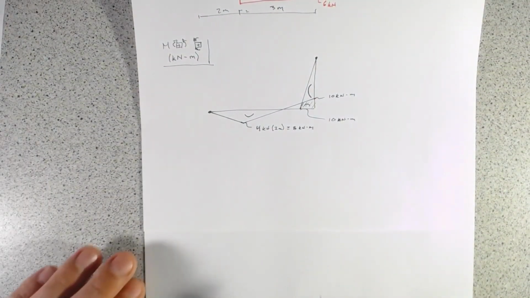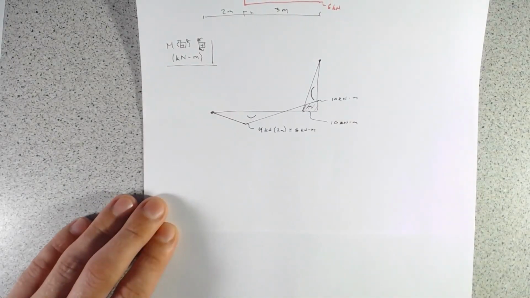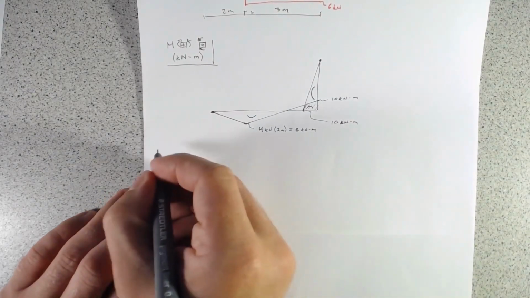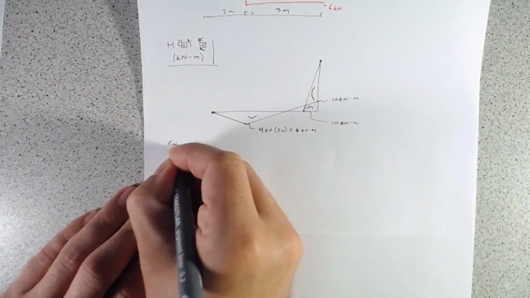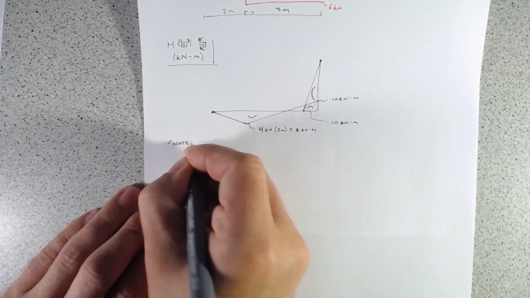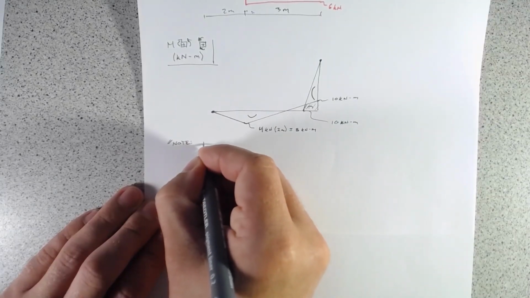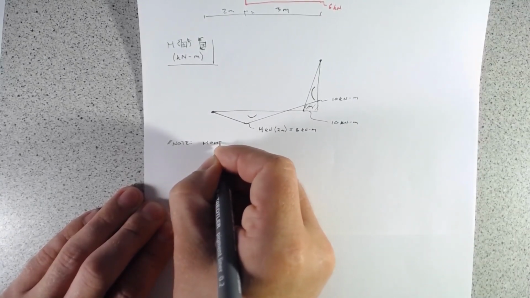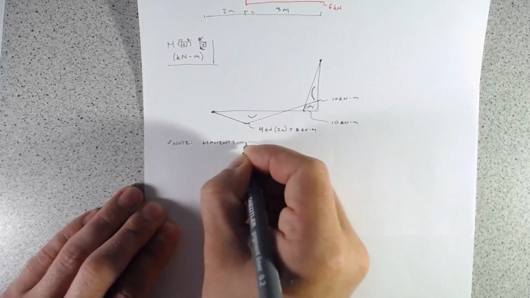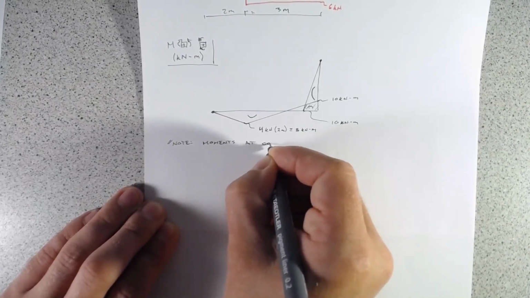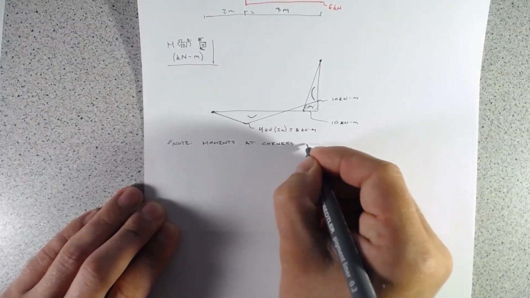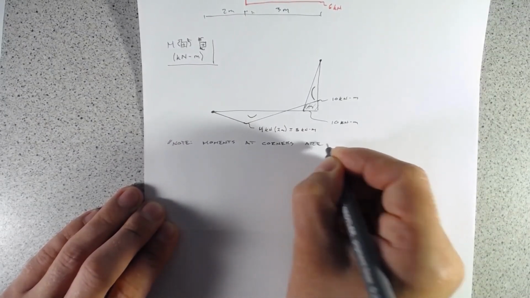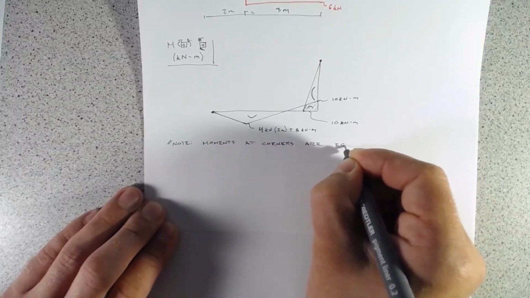So a final little note before I sign off here, and this is really around the shear force diagram on the corner. It's important, so I'll write it out explicitly. And that's that moments at corners are equal and opposite.